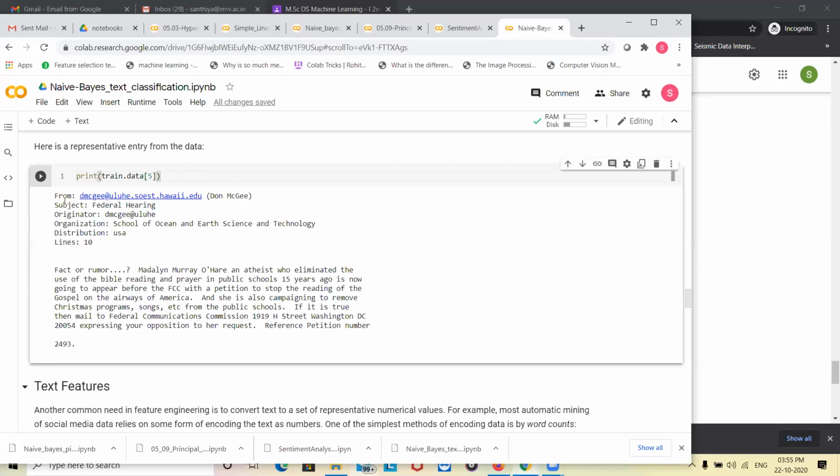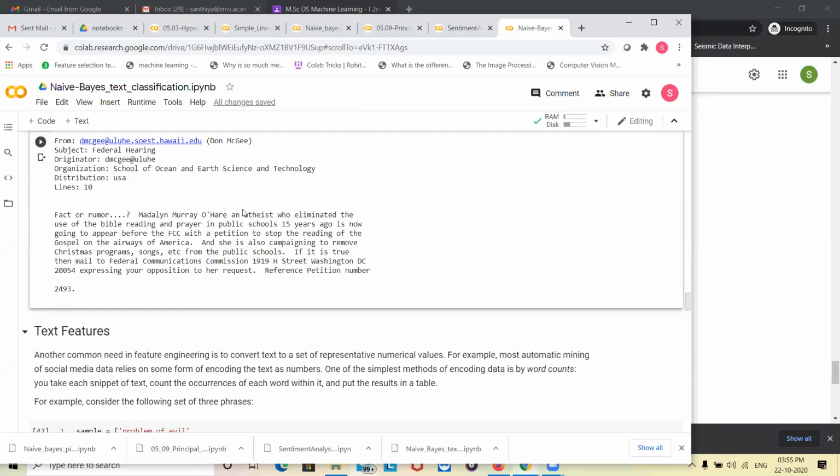What information does it have? As we all know, it's a news article, so it says from, what the subject is, the originator, the organization, distribution, and a short paragraph of the news under this particular heading. So, fact or rumor, Madeleine Murray, an atheist who eliminated the use of Bible reading and prayer in public schools. And it goes on.